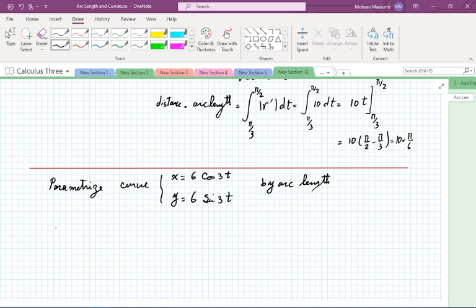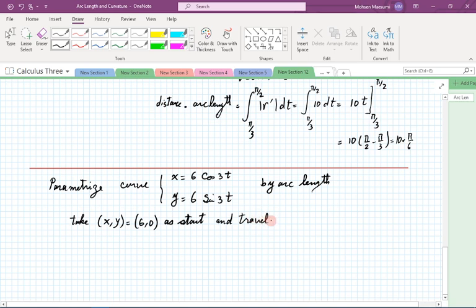So suppose I want to take (x, y) = (6, 0) as a starting point and travel in a counterclockwise direction.